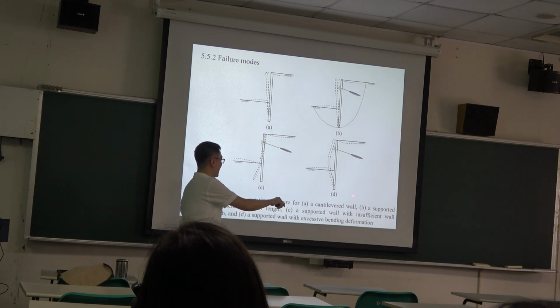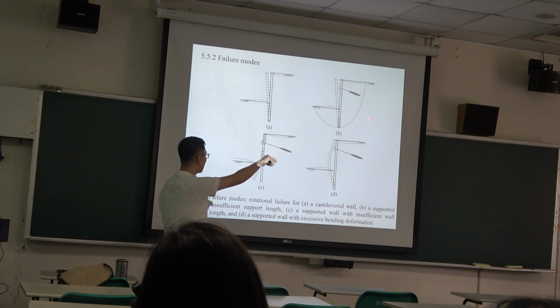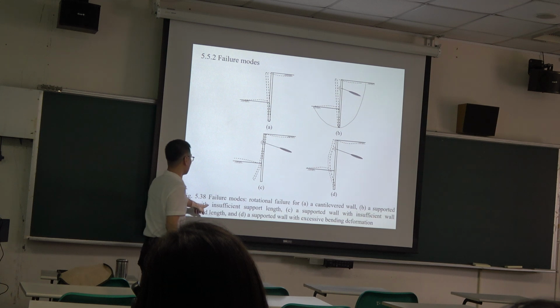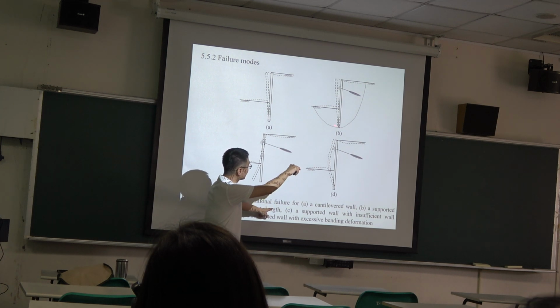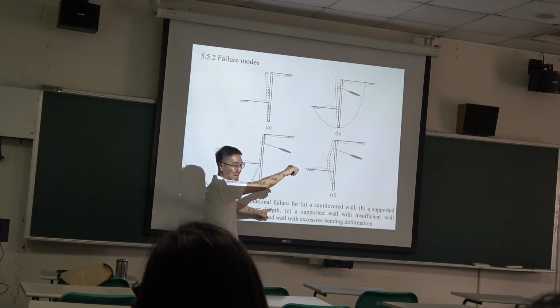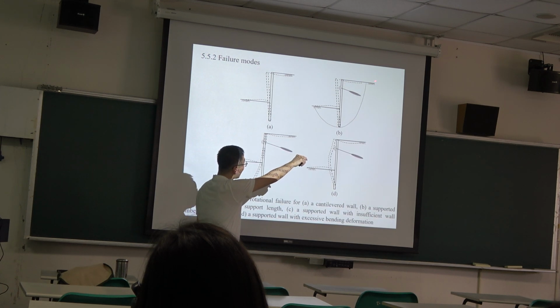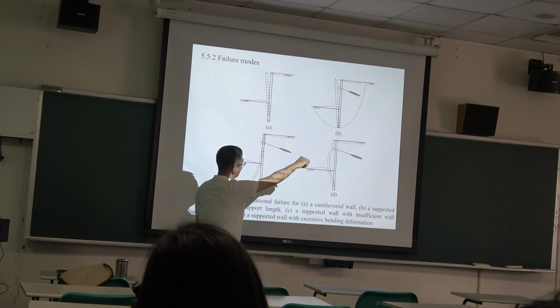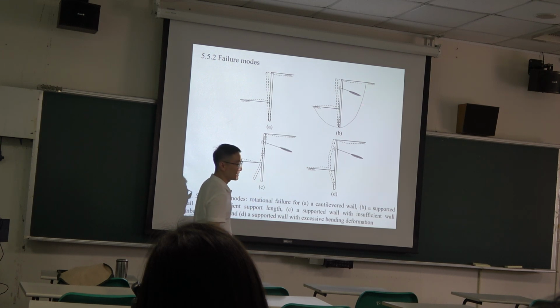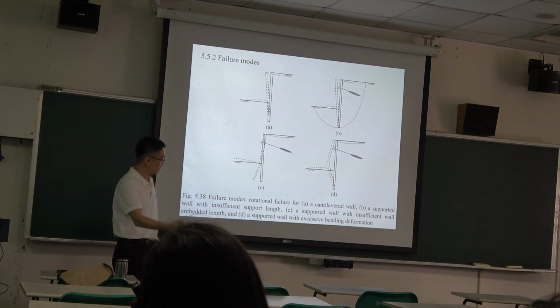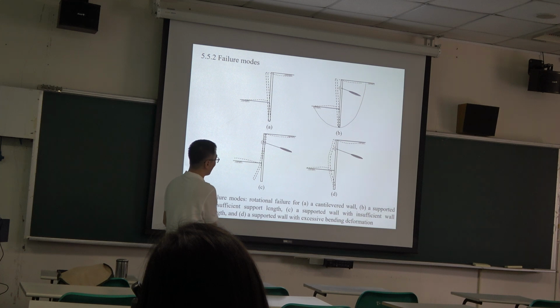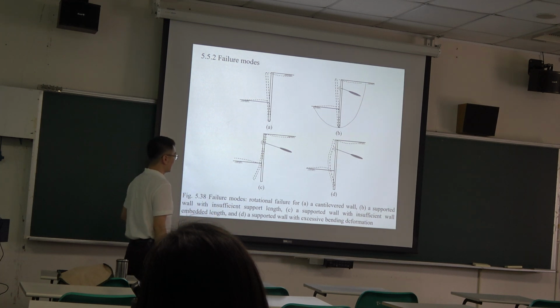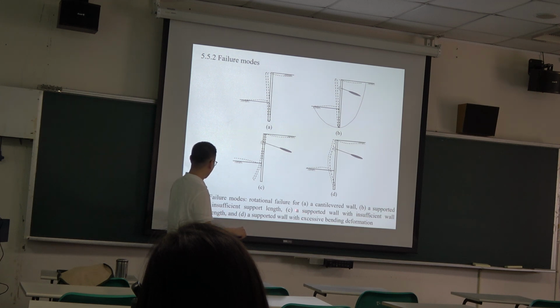Then the second figure is a supporting wall with insufficient support length. That means the penetrating depth is not enough. So the possible failure mechanism performs like this. That means the overall structure moves together, becoming a rotational failure. Then the third one is also a supporting wall with insufficient embedded length.